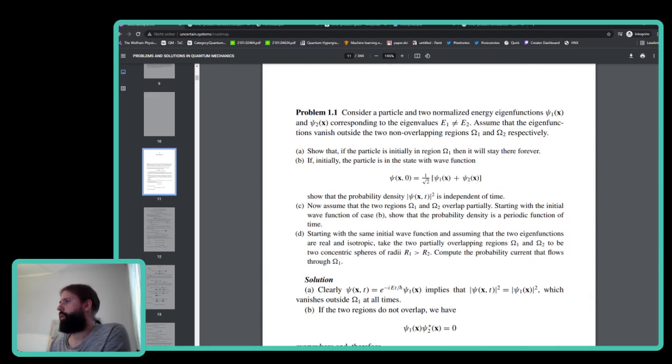Starting with the same initial wave function and assuming that the two eigenfunctions are real and isotropic, take the two partially overlapping regions to be two concentric spheres. Compute the probability current that flows through the first region, which is basically the outer region.